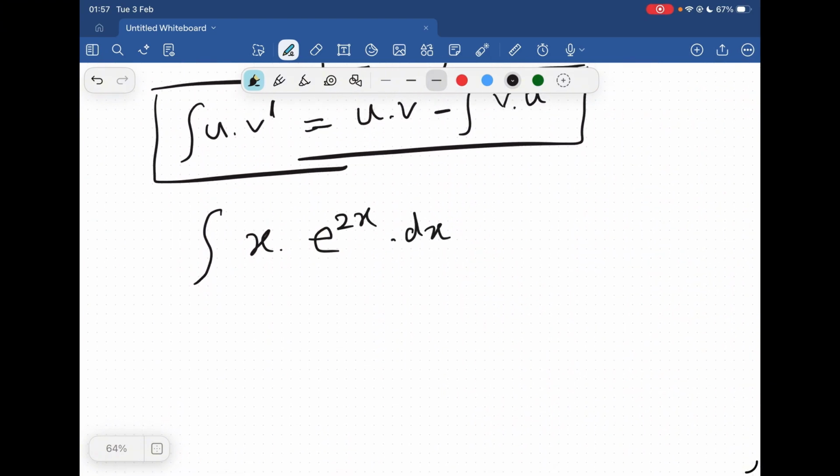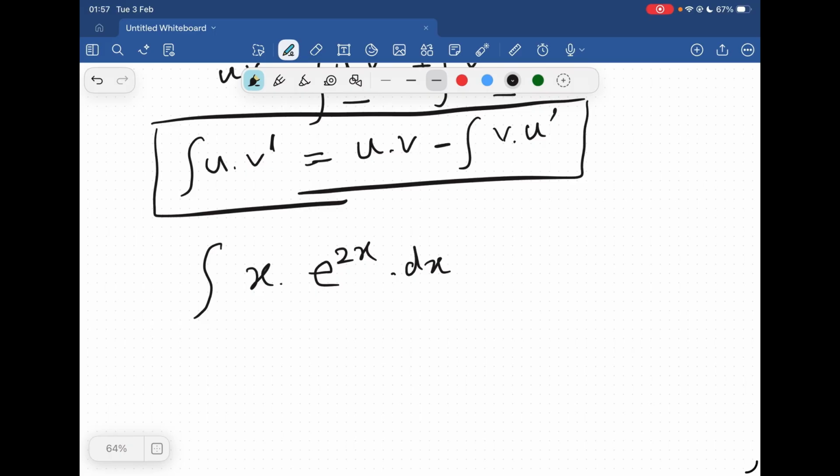Here we are going to do the same thing, a very simple thing. You can choose one as u and the other as v prime. So let me give you a trick to choose which is u and which is v prime. Is there any method or any order that we have to think about? Comparatively, differentiation has precise methods, so you can simply differentiate it and you don't have to think a lot.